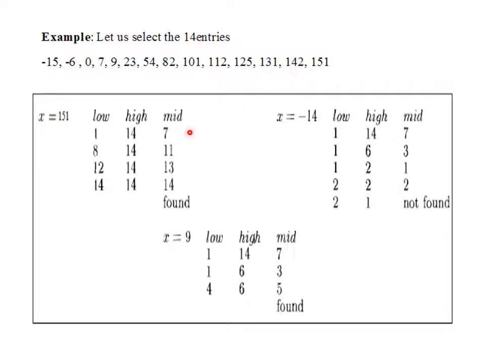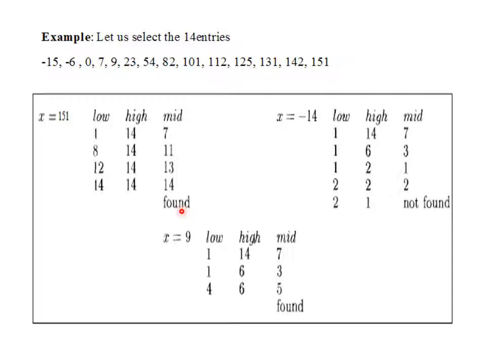So we search in the upper part, changing the low value to mid plus 1, 13 plus 1 is equal to 14. 14 plus 14 is 28, 28 divided by 2 is equal to 14. At index 14 the item is 151 and x is equal to 151, so it is the same item. So it returns the value 14 and the item is found.